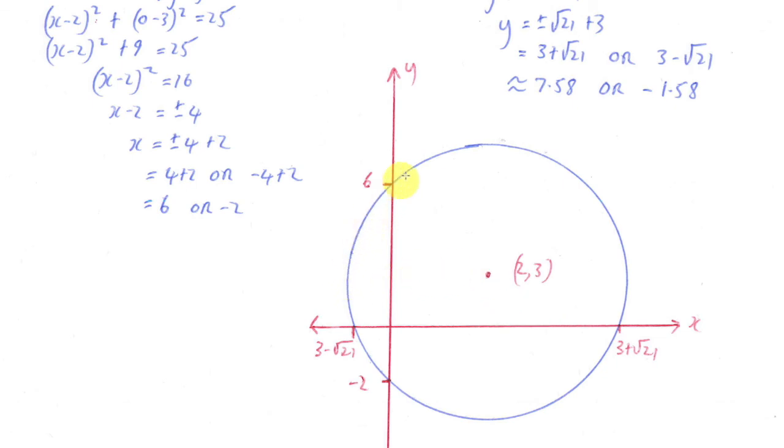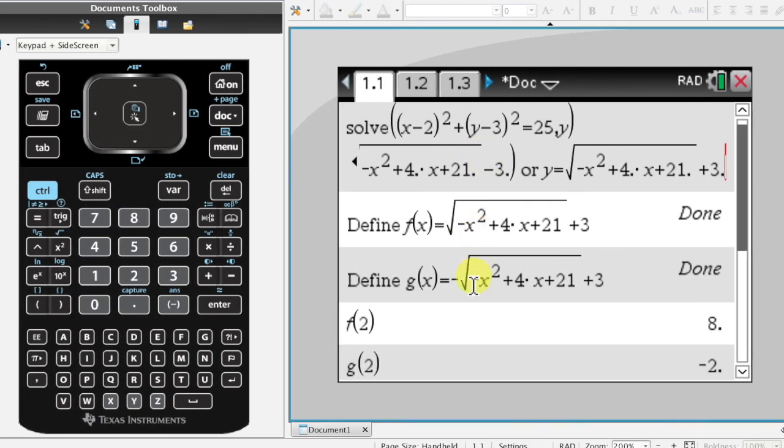Remember, f of x gives us the top part. So f of 2 produces an 8, so (2, 8) is that position. And then g of 2, remember g of x is the bottom part of the circle. g of 2 gives us our other solution, which is negative 2. So this position down here is (2, negative 2).